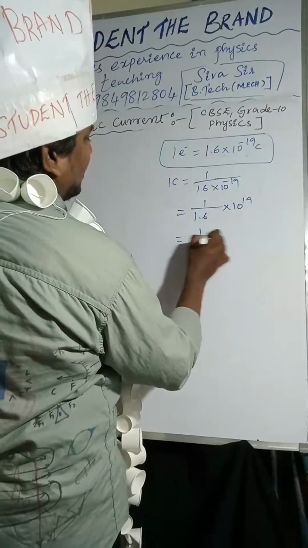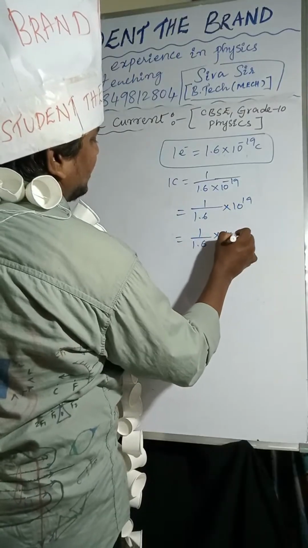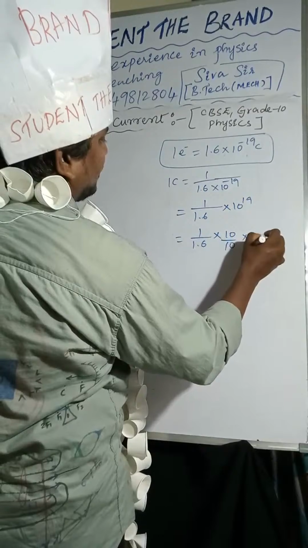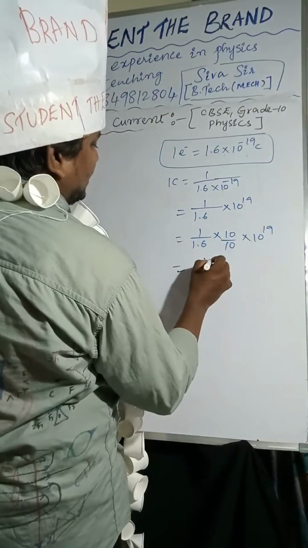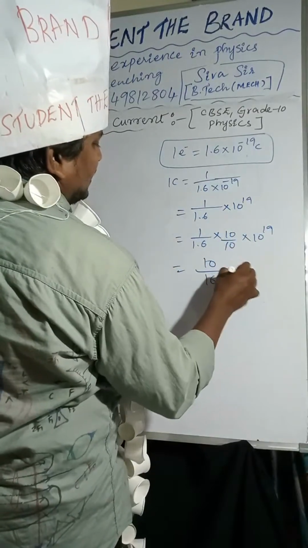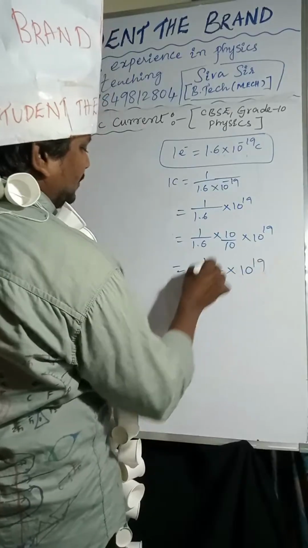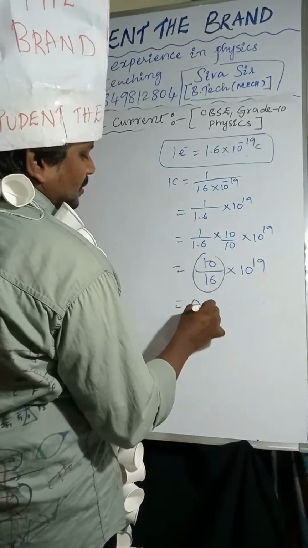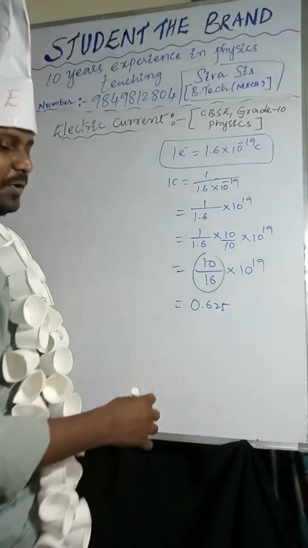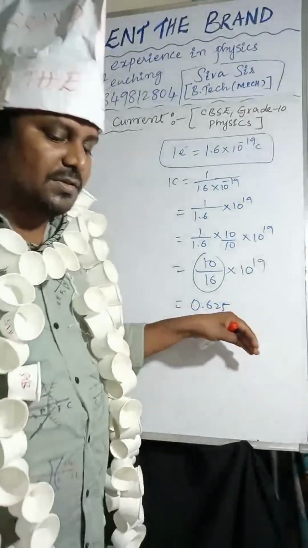Now 1 by 1.6 into 10 by 10 into 10 power 19, then we get 10 by 16 into 10 power 19. If you do this, you'll get 0.625.